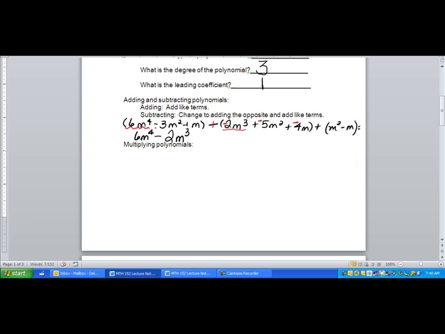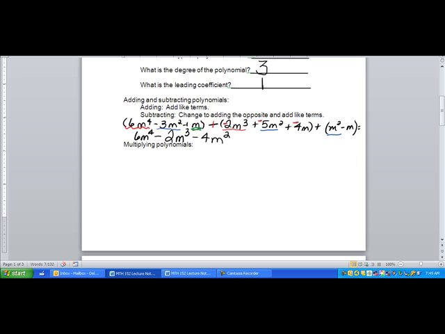Now we need terms that have m squared. We have three terms with m squared, so we need to combine them. Negative 3 plus negative 2, we just add the coefficients, we get negative 5. Plus 1 would be negative 4m squared. Okay, and now we'll go to the m's.